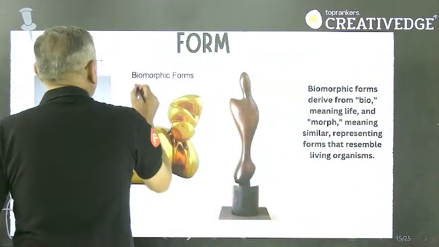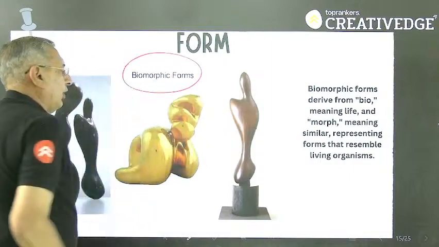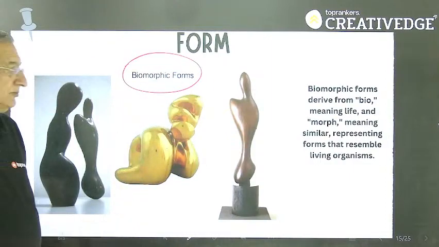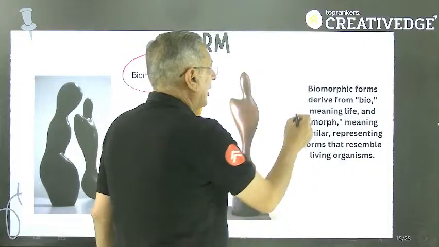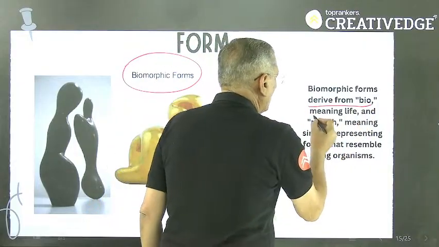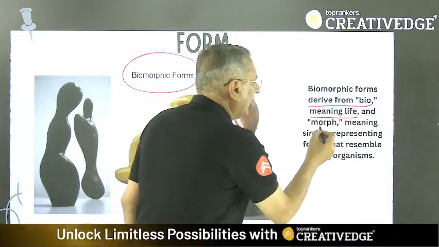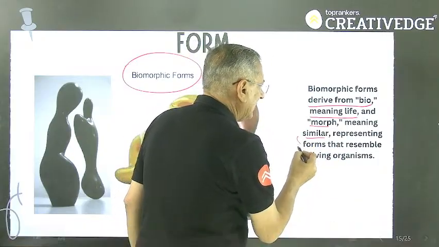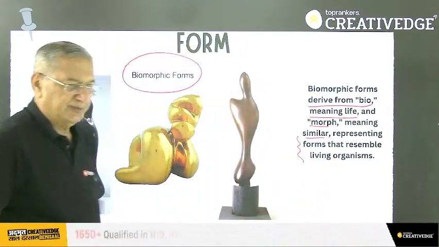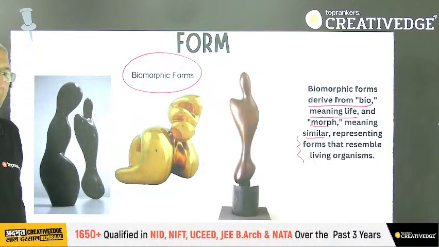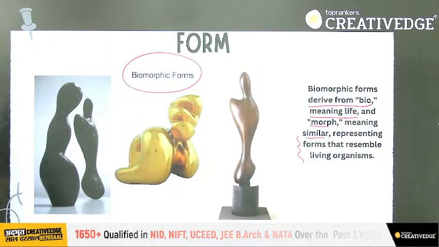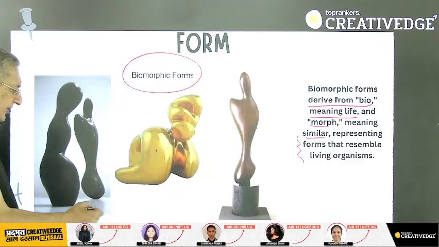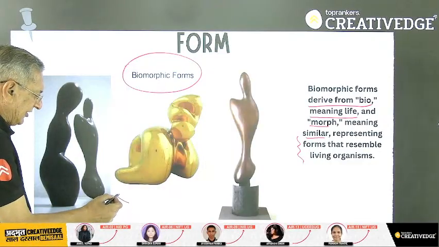Among the forms, there may be biomorphic forms. Biomorphic is derived from bio meaning life and morph meaning form, representing forms that resemble living organisms. These are three sculptures I have taken from the internet.